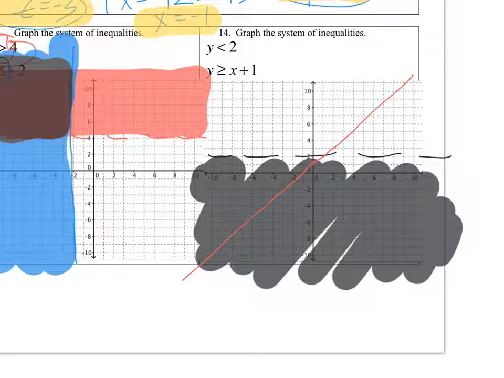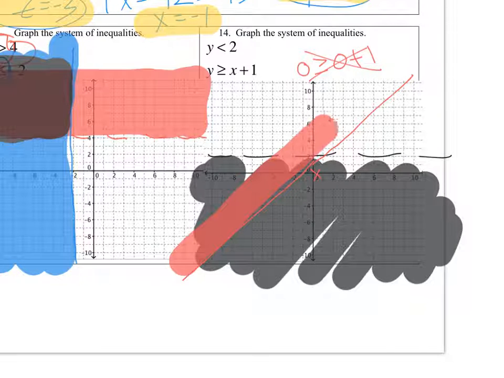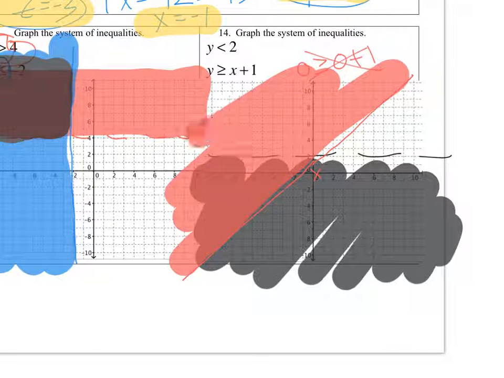I like plugging in 0. 0 is greater than 0 plus 1. That's false. That means I'm not going to use that side. I am going to use this upper side up here. And the region that would be true in this case would be this triangular region in the bottom left quadrant.